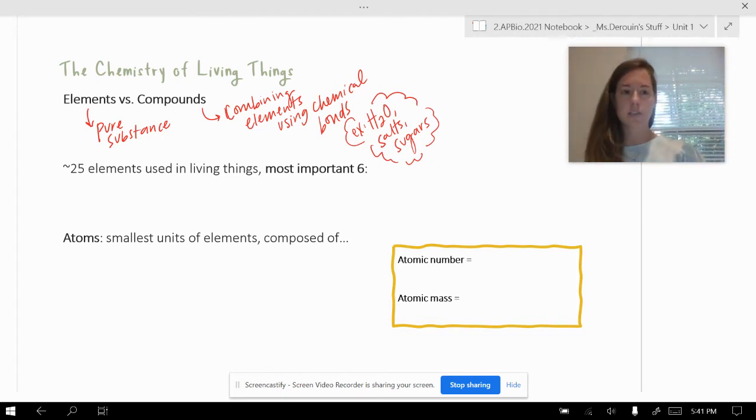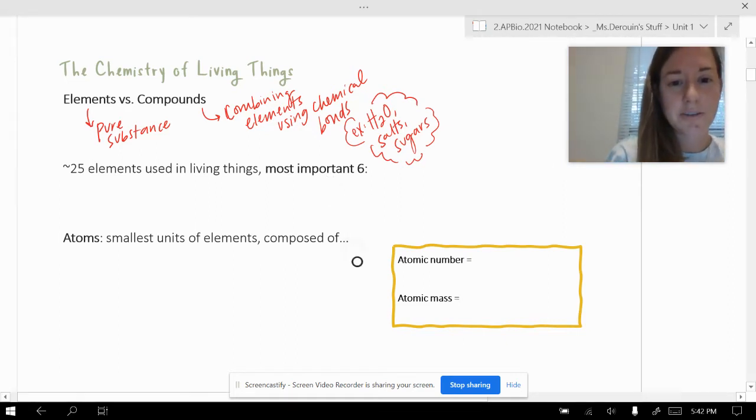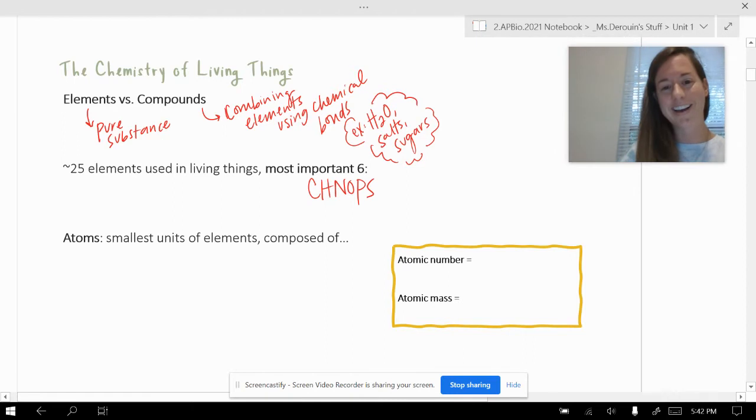In living things, which is what we care about because this is biology, there are about 25 elements that are used. The other ones might be just trace elements, but for the most part, it's these 25. And then there are 6 that make up, I think it's 98% of living things. And they spell schnapps, which I realize is not a word, but they spell it anyways.